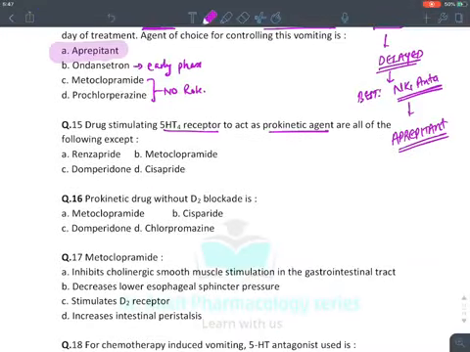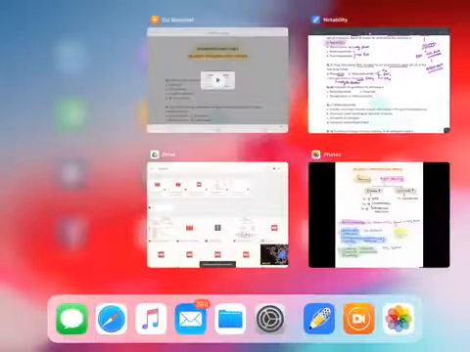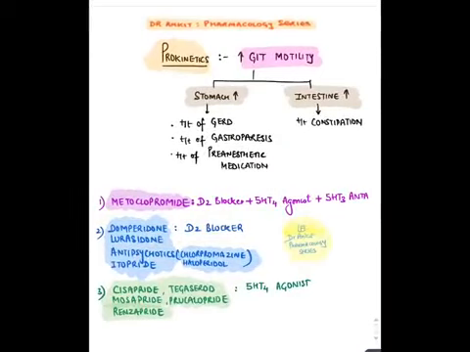Drugs stimulating the 5-HT4 receptor to act as prokinetic drugs are all of the following except: renzapride true and cisapride true. The pride word will come with 5-HT4. Metoclopramide, we have discussed, acts on D2, 5-HT4 and 5-HT3, while domperidone is only and only a D2 blocker. So I'll show you that list again of prokinetic drugs.